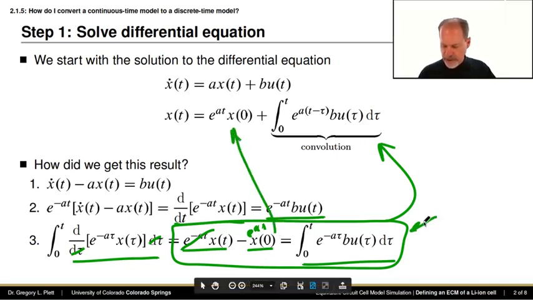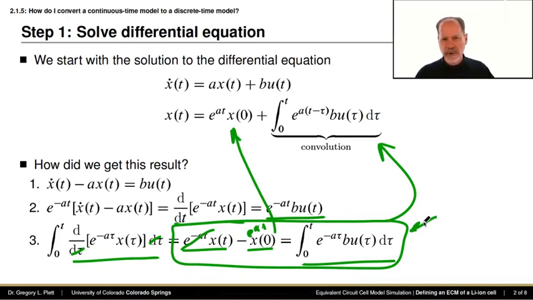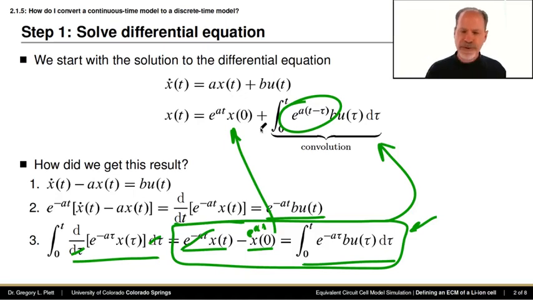And when I multiply this by e to the plus at, I can bring that inside of the integral and combine, and that's where I get this e to the at minus tau right there. So indeed, the solution to x dot equals ax plus bu is x of t equals e to the at times x of 0 plus this integral from 0 to t that's shown there as the convolution integral.